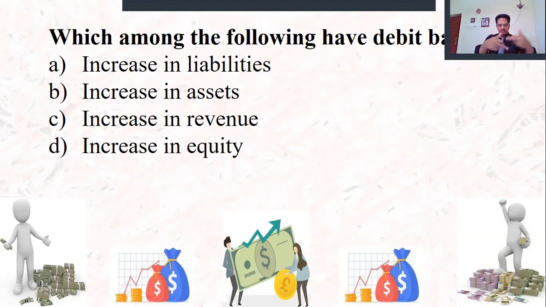Accordingly the answer will change, but it's directly related to the equation. Assets or expenses, when increasing, are debited, and decreasing, credited. Liabilities, equity and revenue, increase means credit, decrease means debit. So increase in liability, revenue and equity are credit aspects, and increase in asset and expense are debit aspects.